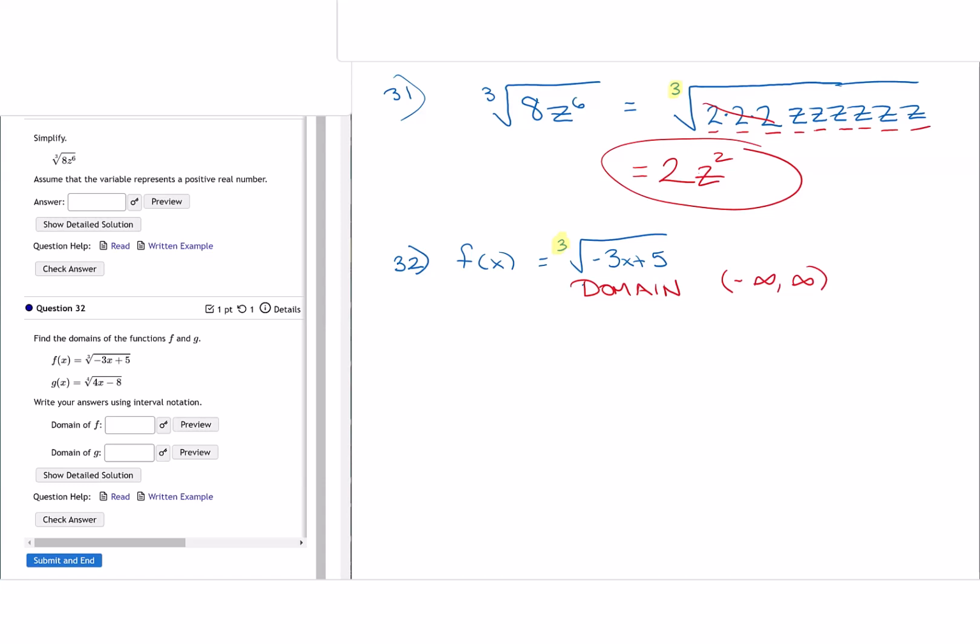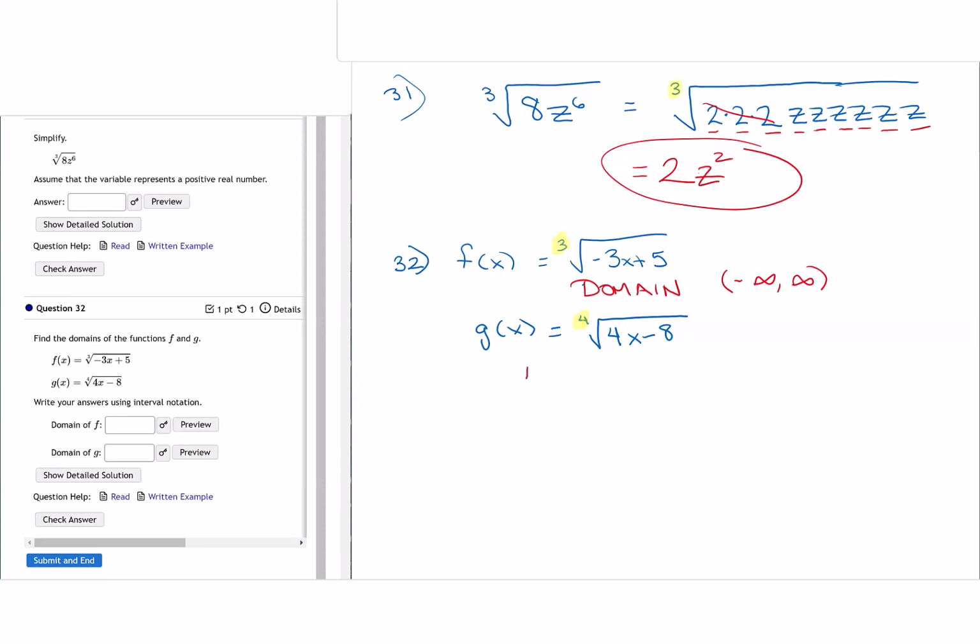If I have g of x equals the fourth root of 4x minus 8, to find my domain, whenever my index is even, I cannot have a negative value under the radical.